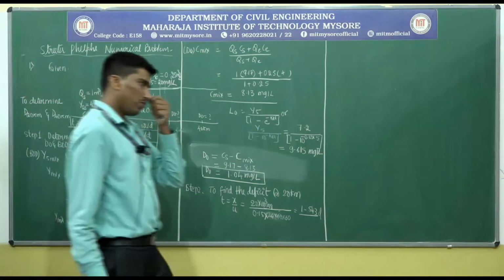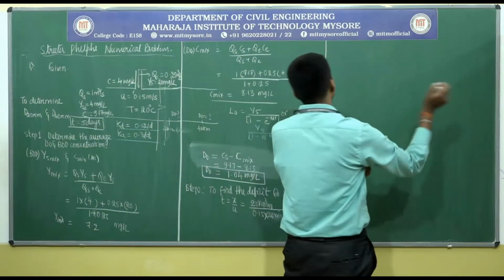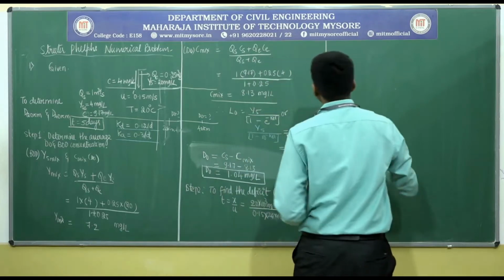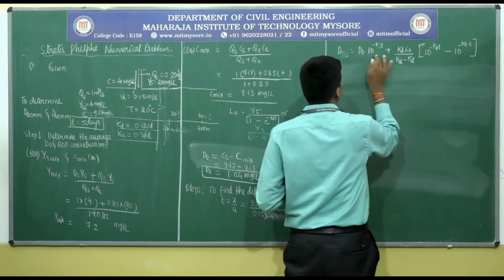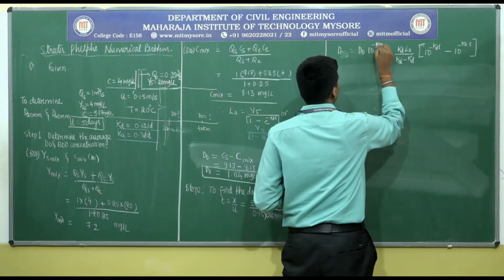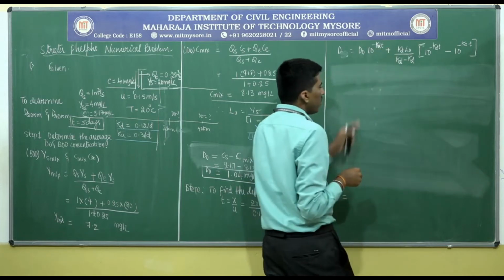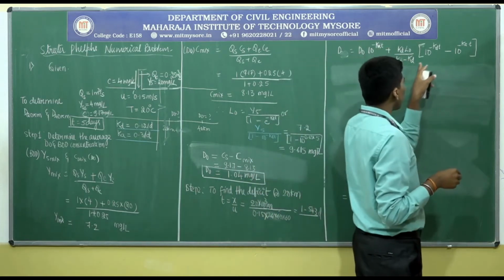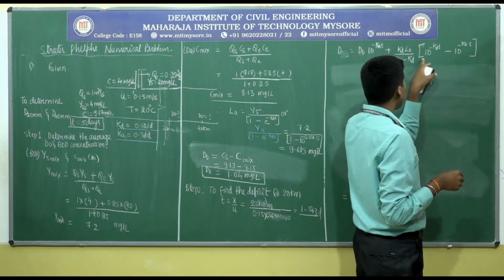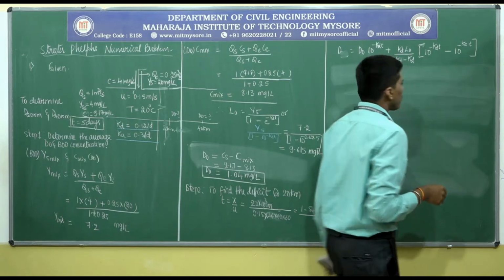When you know this, you need to determine the deficit here. D is equal to D naught into 10 raised to minus K into t, plus Kd L naught divided by Ka minus Kd, times 10 raised to minus Kd into t minus 10 raised to minus Ka into t.